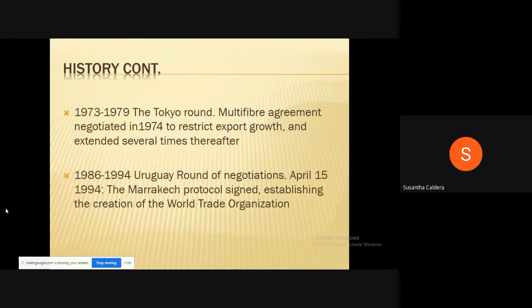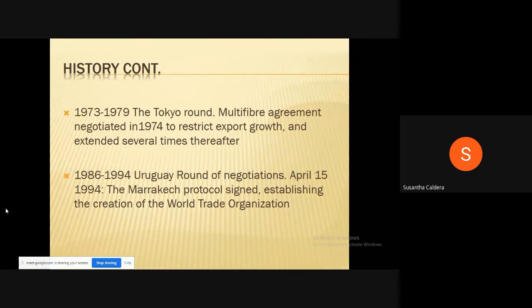In 1973 to 79, that was a Tokyo round. Right? So multi-fiber agreement negotiated in 1974 to restrict export growth and extended several times thereafter. Then 1986-94, Uruguay round of negotiations. Right?